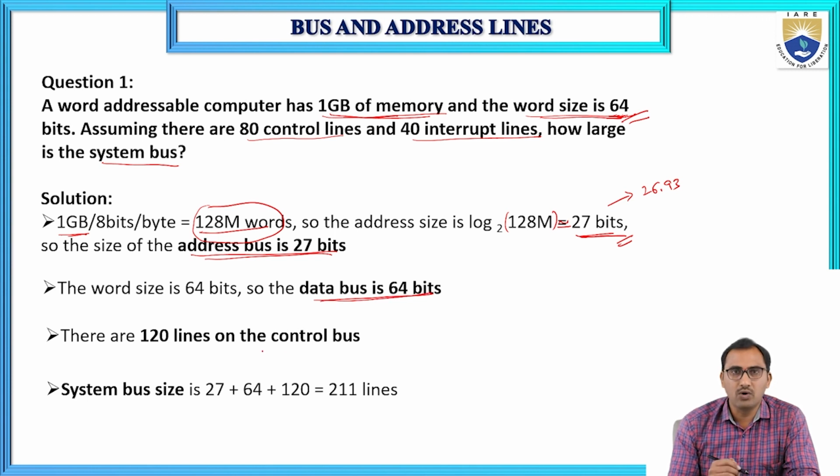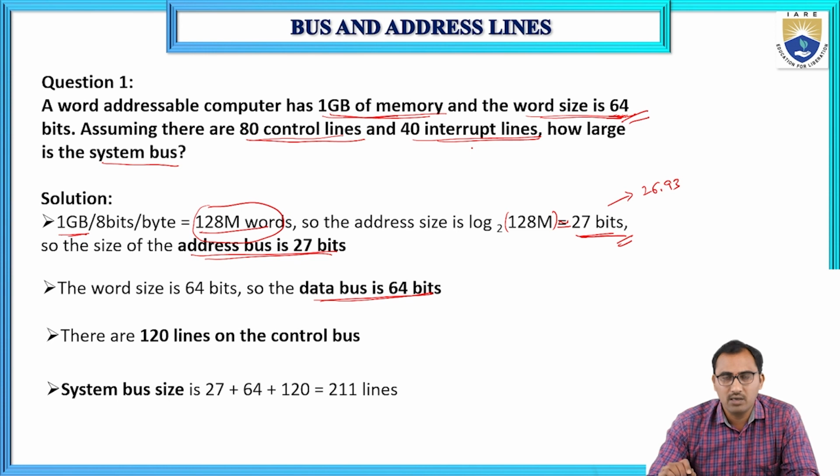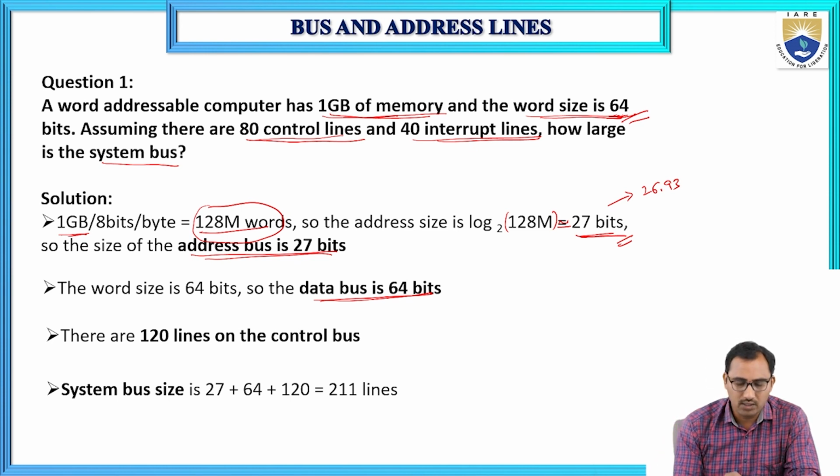In the control bus, we have 80 control lines and 40 interrupt lines. These are all carried by the control bus. So the control bus consists of 120 lines, because 80 plus 40. So 120 lines are there in the control bus.